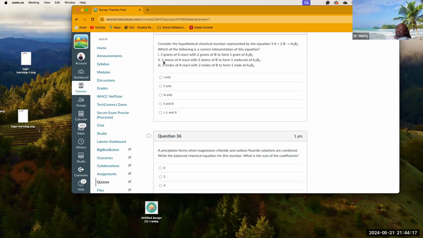Or 3 atoms of A reacts with 2 atoms of B to form 1 molecule of A3B2. Or 3 moles of A reacts with 2 moles of B to form 1 mole of A3B2.